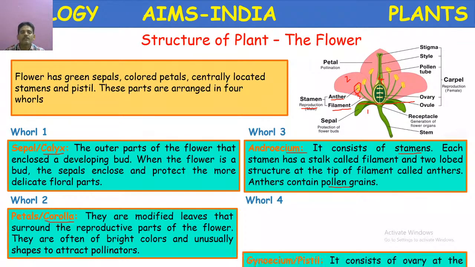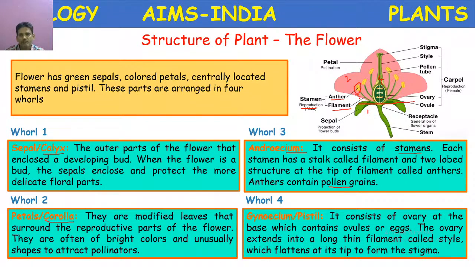Next, fourth whorl, very important, and the centralmost whorl, that is called gynoecium or pistil, or sometimes we also call it carpel. Okay, in reproductive terminology, we can call it carpels. So the gynoecium, or pistil, consists of ovary, style, and stigma.